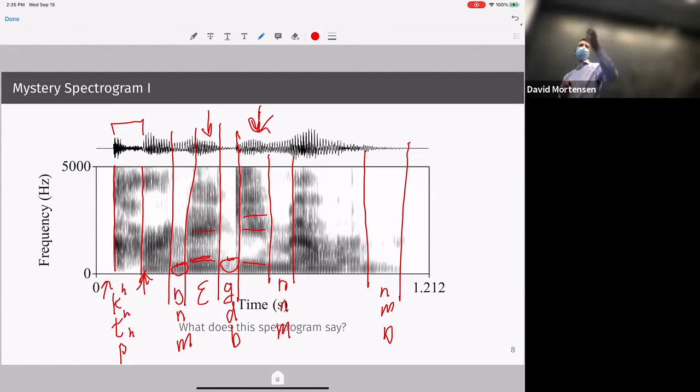Did you have a guess? Oh, you have a guess? Okay, hold on, let's get this vowel first. Is it more back? If F1 is lower, then this vowel is higher. So what is higher than E?